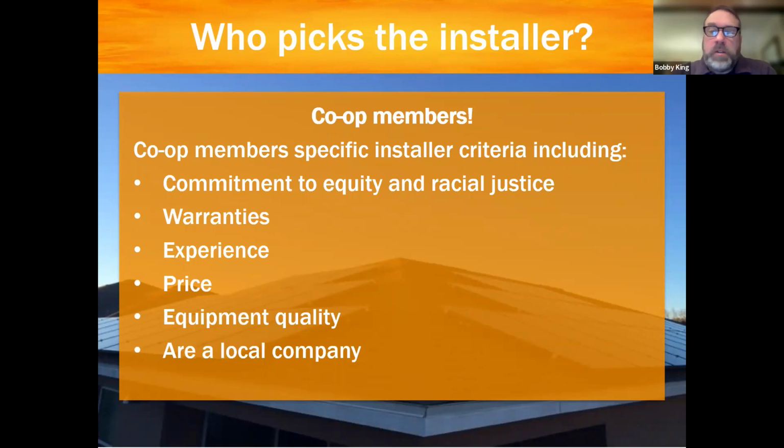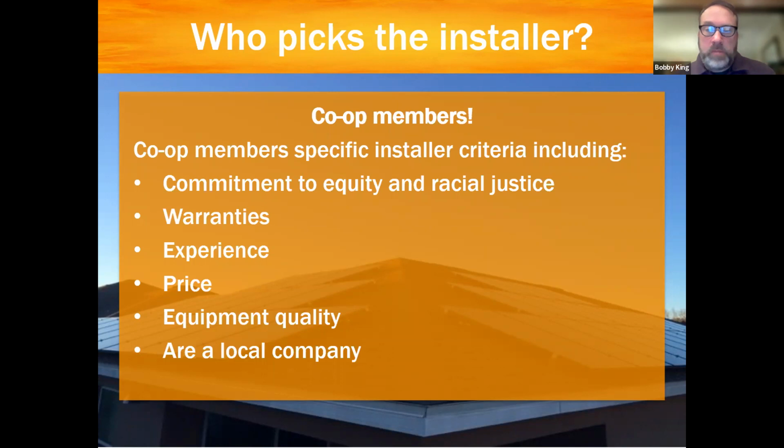So who determines the geographic scope of a co-op? Karen is asking. As long as many installers will serve the area, that's a viable area for a co-op. Pre-COVID, we would do these meetings in person, so that would limit the scope of the area.